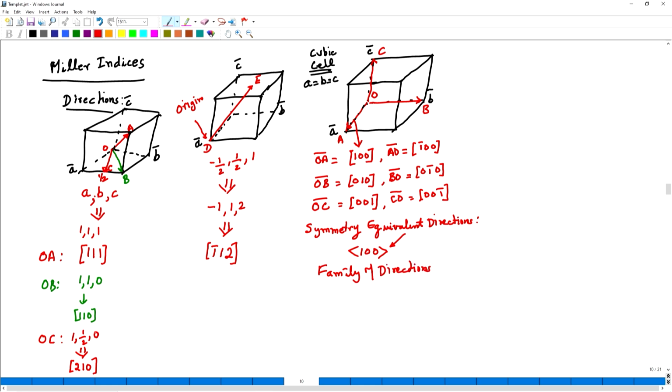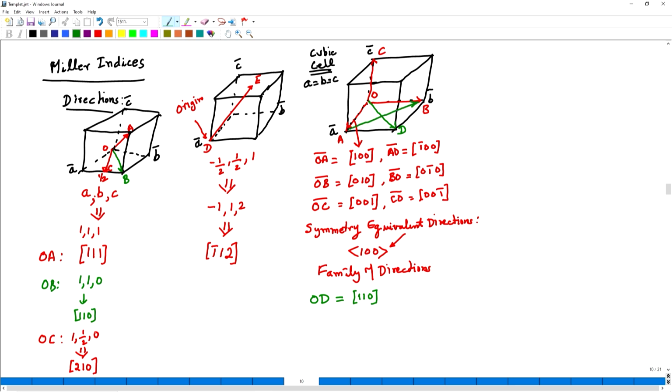Let us take another example. Let us say this is OD. Now, OD we have already seen has Miller indices 1, 1, 0. Now, I can define many other directions which are symmetry equivalent in this cubic cell.